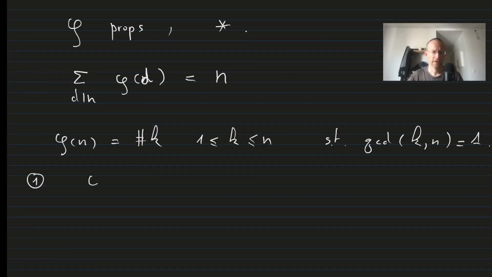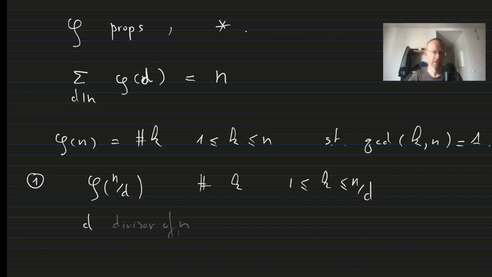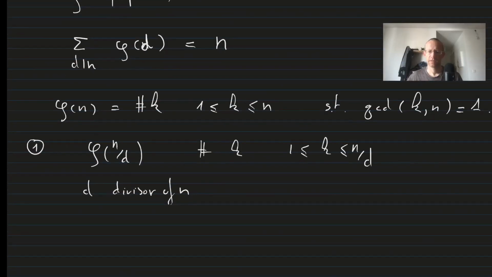Let's consider phi of n over d, which is nothing but the number of integers k smaller than n over d, where d is a divisor of n, such that the GCD of k and n over d is 1.